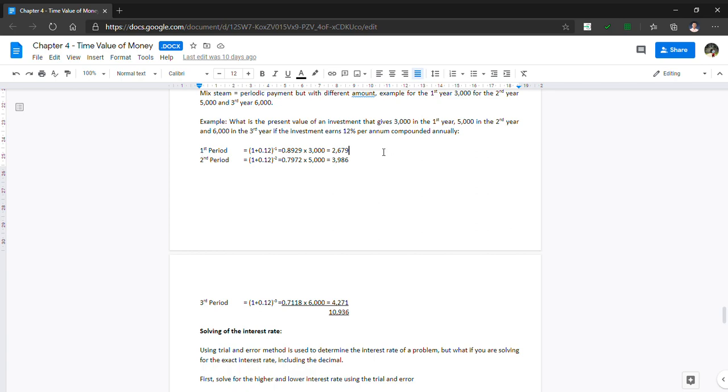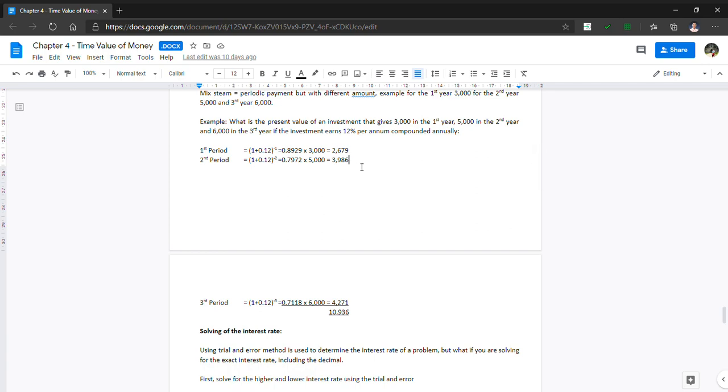Tapos compute natin yung present value ng payment in the second and third periods. So again, let's compute for the present value factor. 1.12 raised to negative 2 kasi nga second year na to. Ang present value factor is 0.7972. Multiply it by the amount na na-receive natin in the second period or year 2.